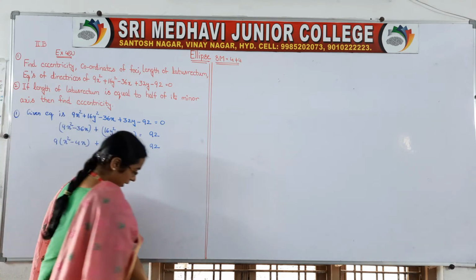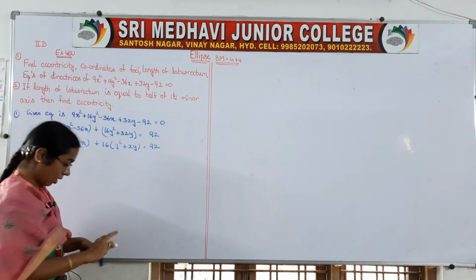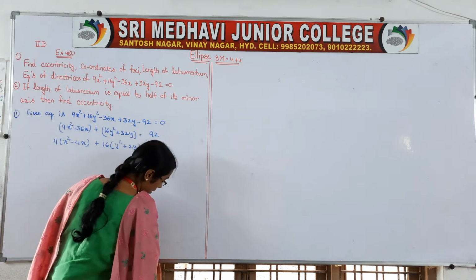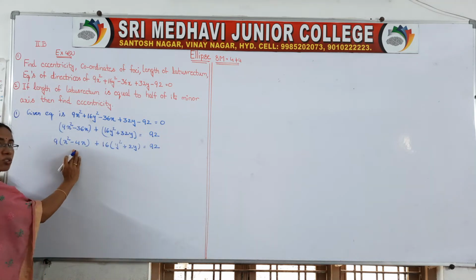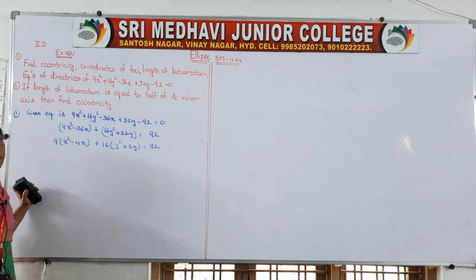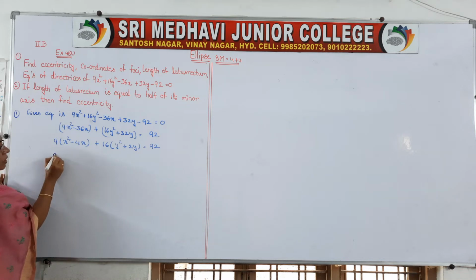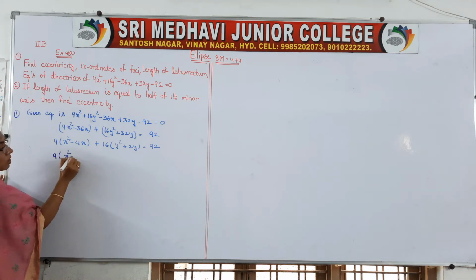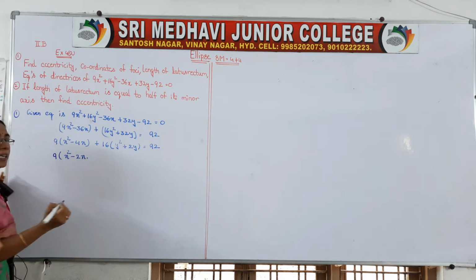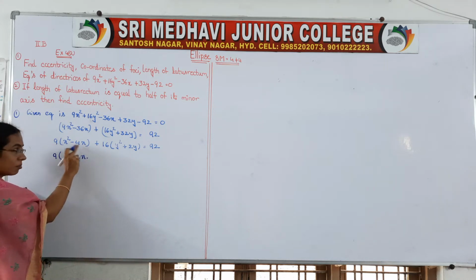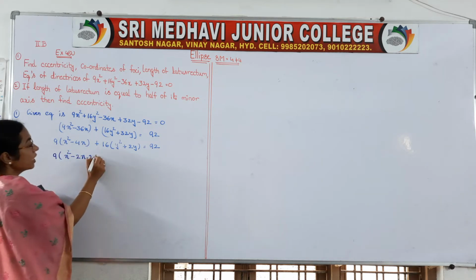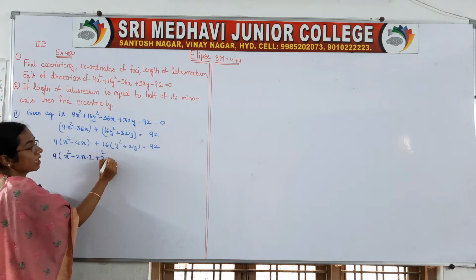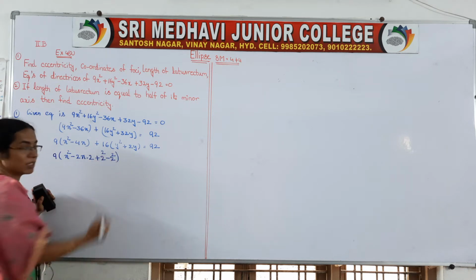Convert this into the (x minus h) whole square form or (y minus k) whole square form, isn't it? (x minus h) whole square form means x square minus 2 into x into something plus something square. So we have to reduce this into that form. Come on, x square minus 2x into something. How will we get that something? By seeing this, 4x is there, so it is 2. We need 2 square now, so 2 square is added and 2 square is subtracted.